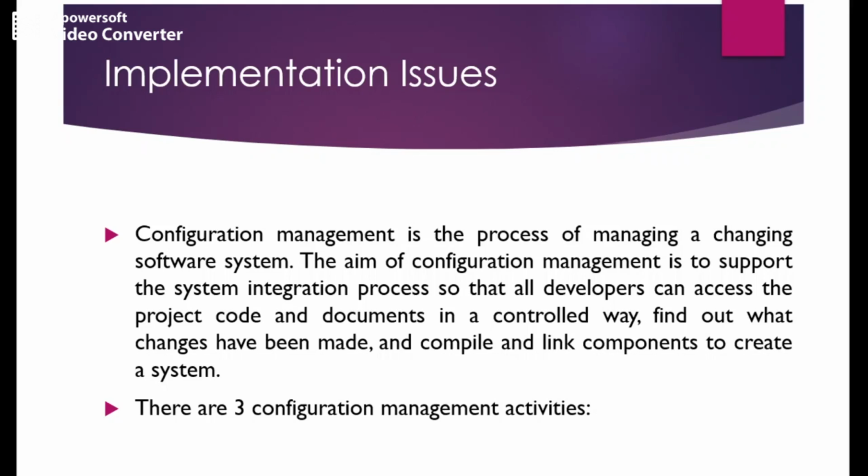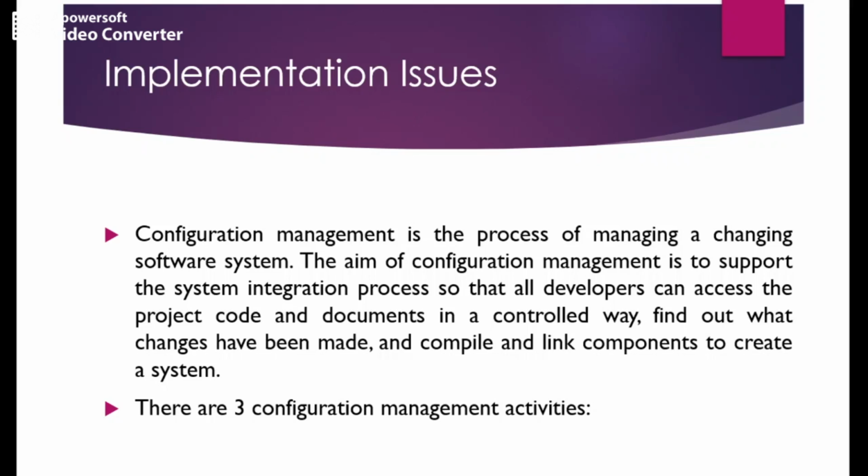When you try to install any software, it will ask you to download for Windows 64-bit or Linux, so you should be able to support system integration also. Find out what changes have been made, and compile and link components to create a system.